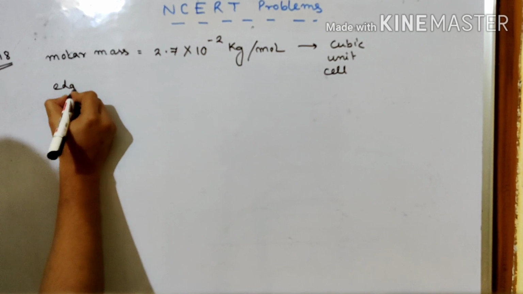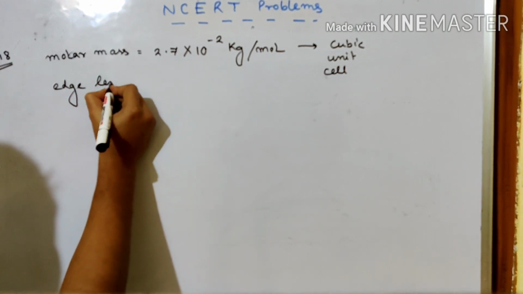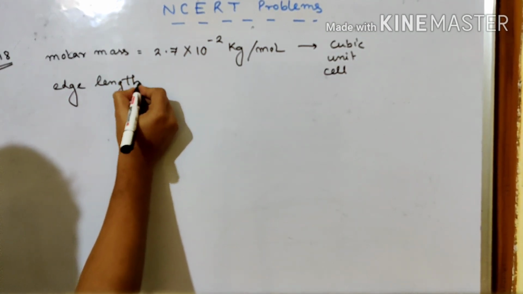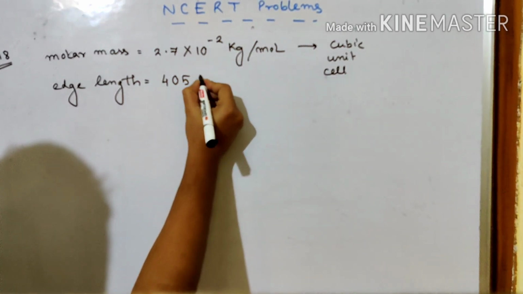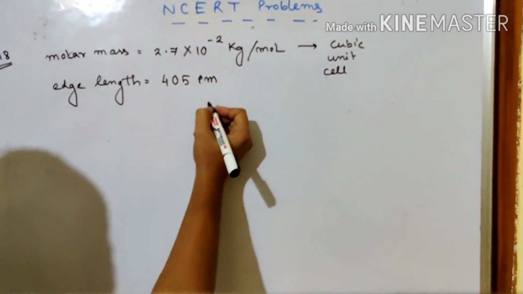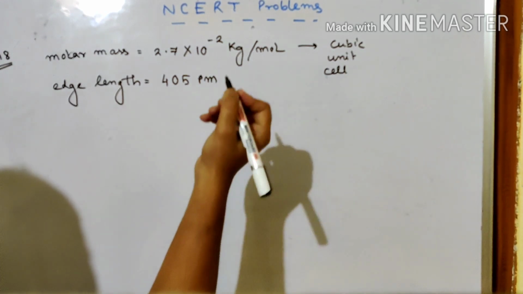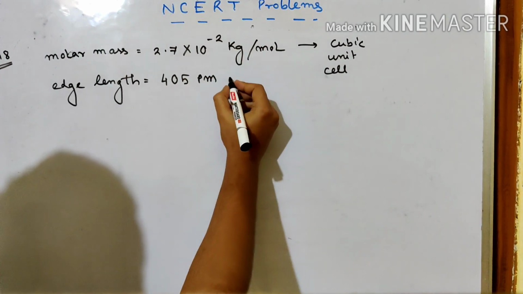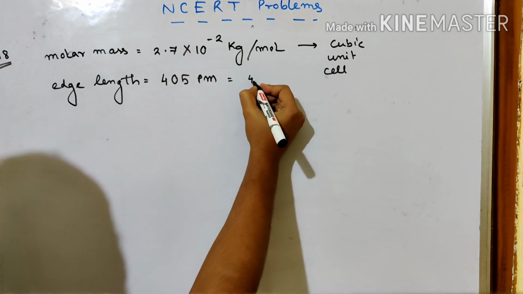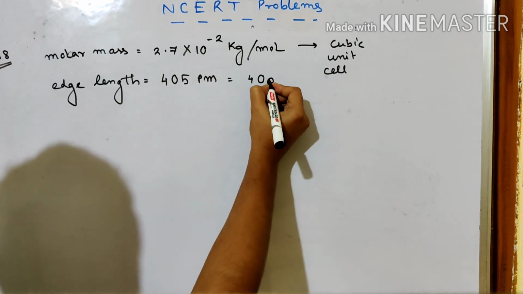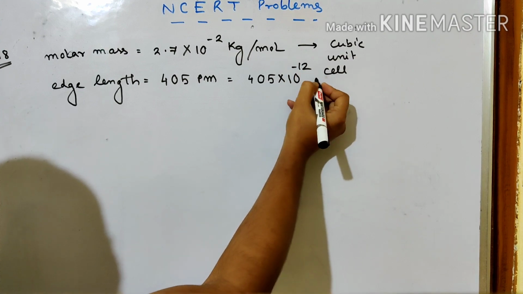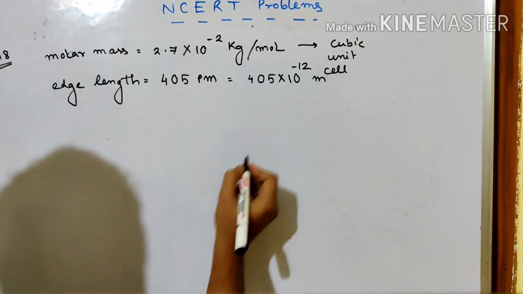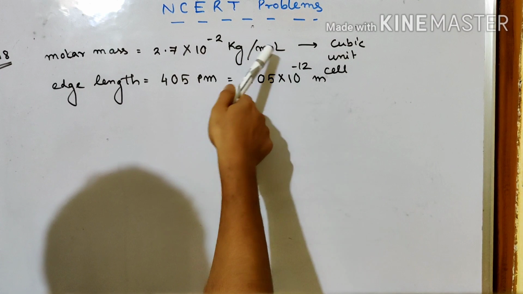So its edge length is 405 picometer. Since edge length is given, we can rewrite it as 405 into 10 to the power minus 12 meter, because it is given in SI unit.